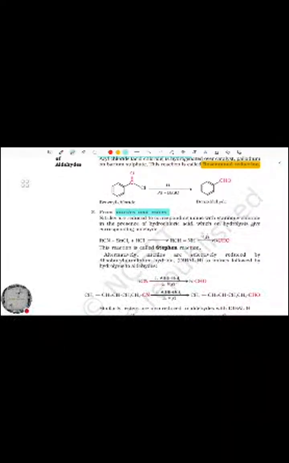In presence of stannous chloride we do this reduction. Stannous chloride is an important reducing agent we use often in organic chemistry. Then we hydrolyze this in presence of hydrochloric acid, and we obtain the corresponding aldehyde.